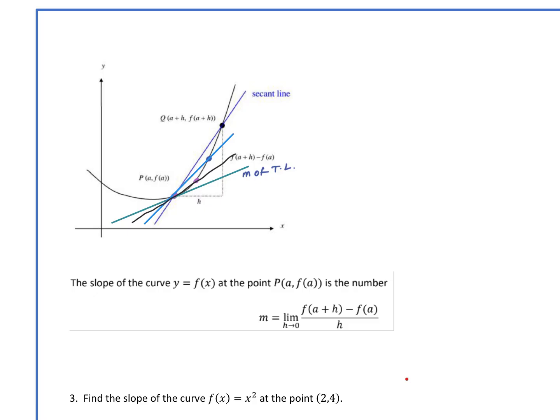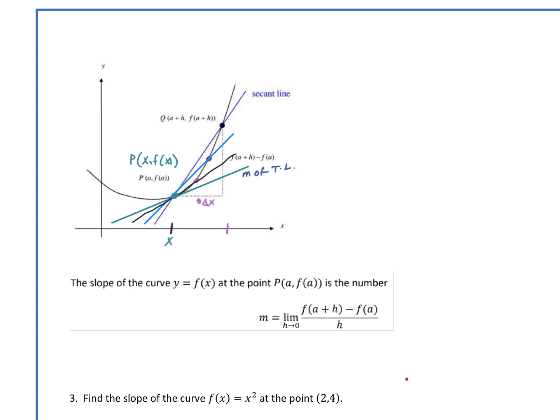I'm going to change it up a little bit. I don't like all the letters that they're using. I'm going to call this x. So this point P would be x and then f of x, right? That's just normal function notation. Instead of calling this h, I'm going to call this delta x.